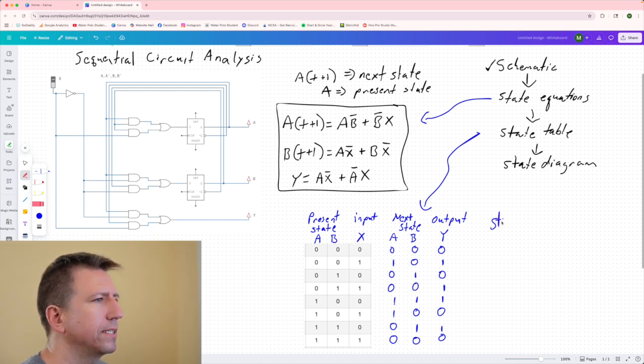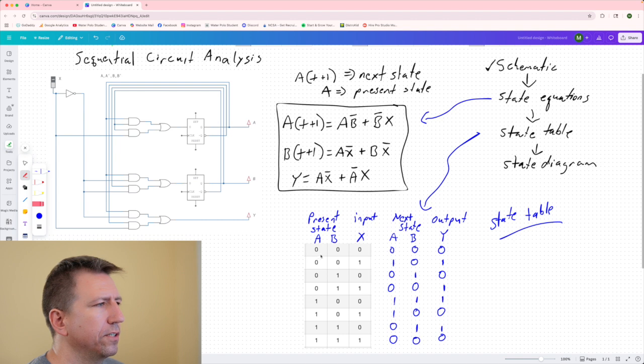This is our state table. And it says, hey, if you're in the present state 0, 0, so A is 0 and B is 0, and the input 0 comes in, and then the clock transitions, what's going to happen? Well, the next state for A and B is going to be 0, 0 as well, and the output should be 0 at that point.